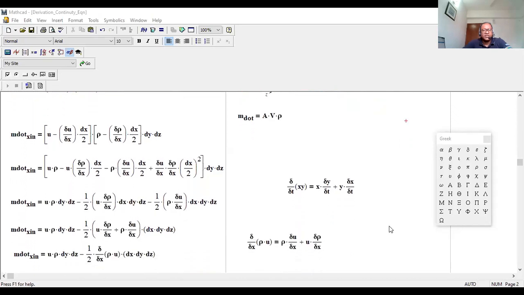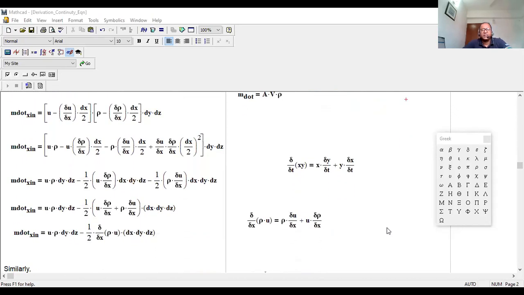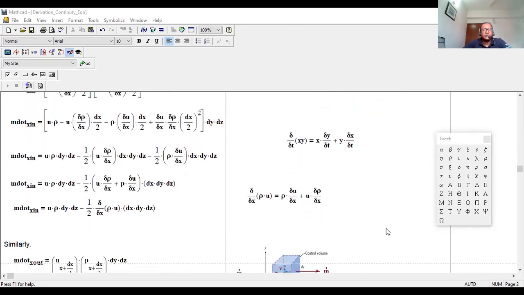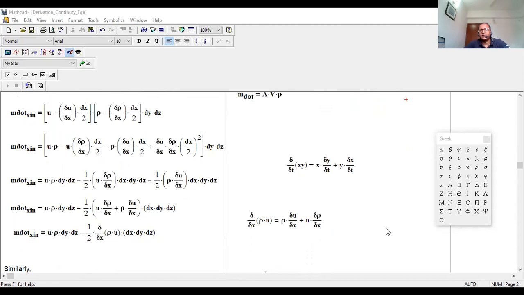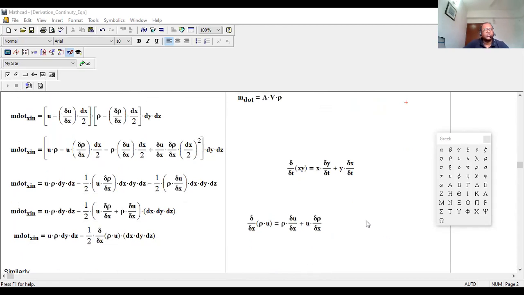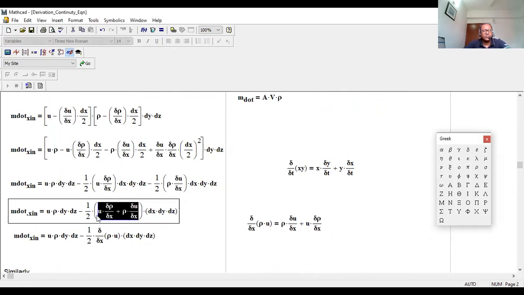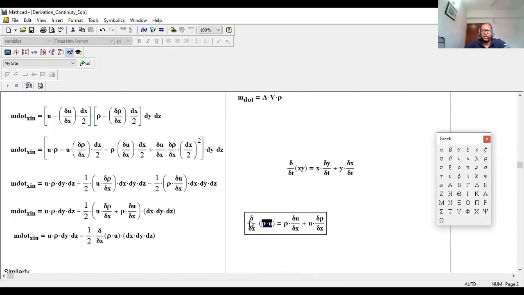So we are just right here. We would like to figure out how much mass is entering through the x-axis at the left side. So after rearranging, we are getting this term. If you look carefully, this term is actually the derivative of rho u by del x, like the derivative of a product uv.